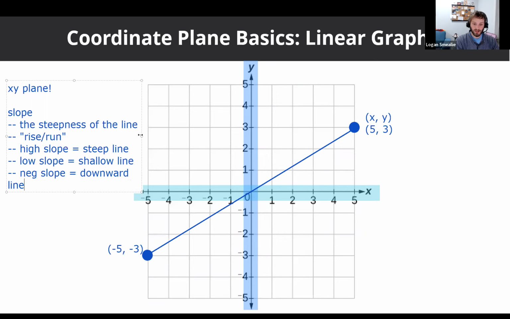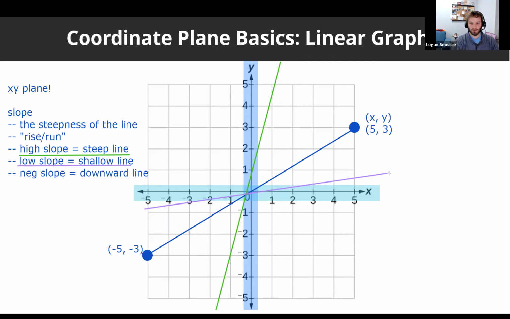I don't mean straight down, but like down toward the right. So for example, if I were to sort of color code it in here, a high slope line, a really steep one, would be like that. A shallower line would be something like that, not going up that much. And then a downward slope, a negative slope, would be anything like that that's headed down as we go from left to right.